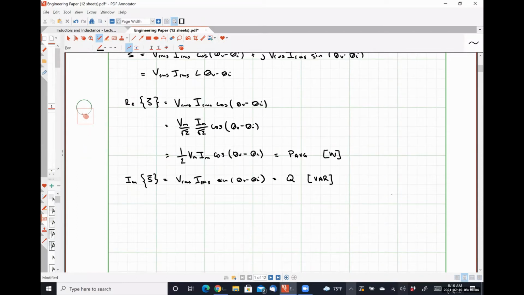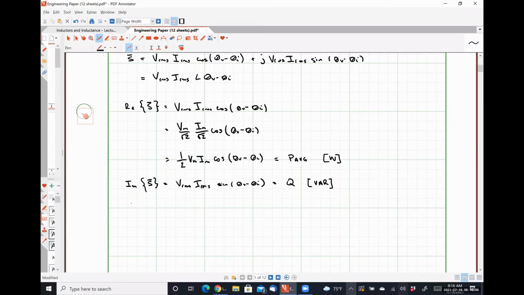If we look at the magnitude of S, this is simply VRMS times IRMS, commonly known as S with no bar or anything like that over it. This is what's called the apparent power.